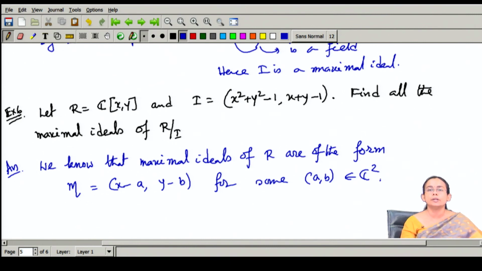Corresponding to every point in C2, I can have a maximal ideal which will be generated by two linear polynomials of the form x minus a and y minus b.